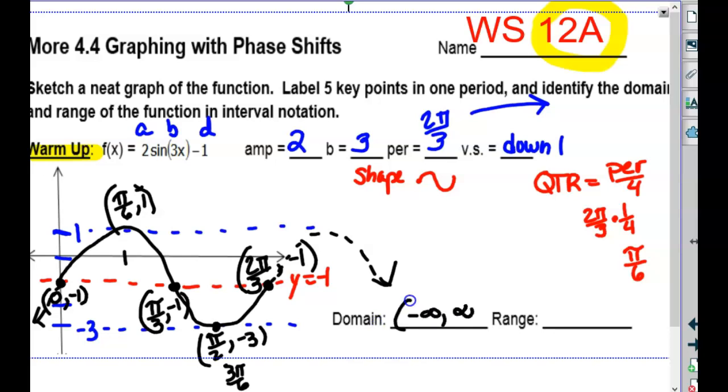Yeah, all real numbers, because this little wave would keep going and going and going. Okay, but range, it does have a bottom and a top. It only waves between what? Very good. Bottom to top. -3 and 1. Any questions? Everybody feel like they kind of remember that stuff?